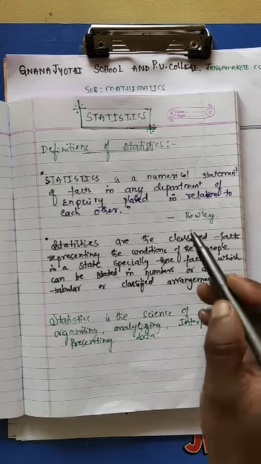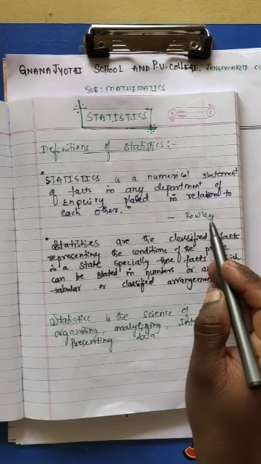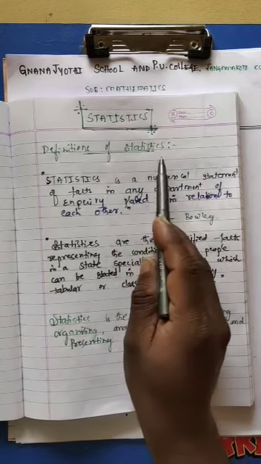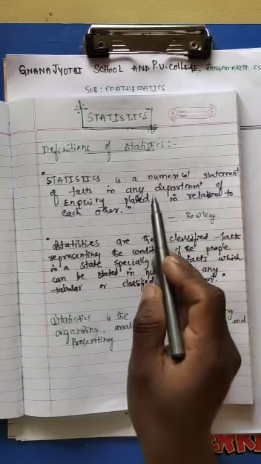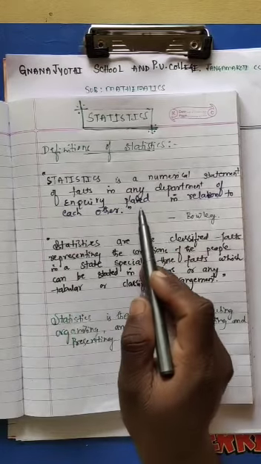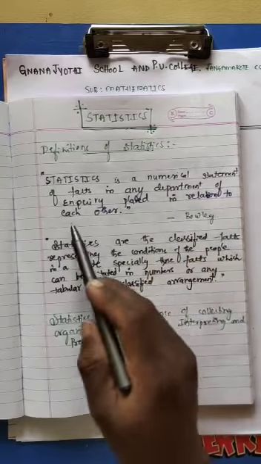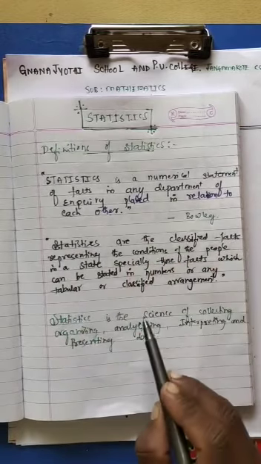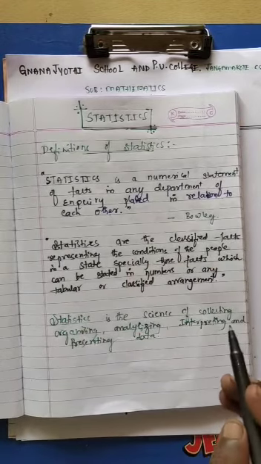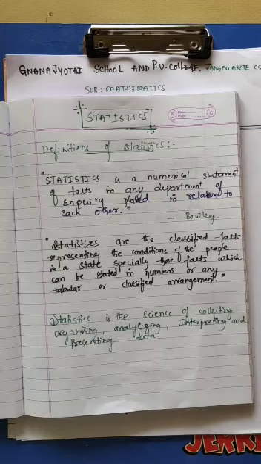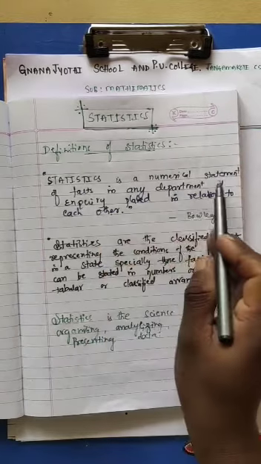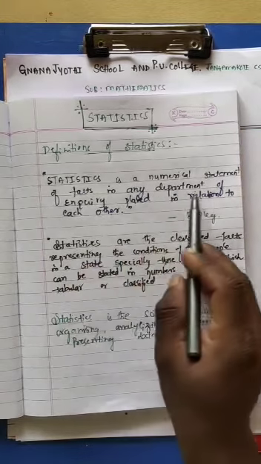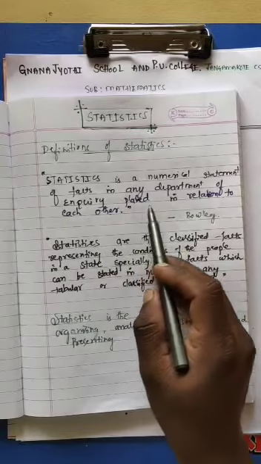Bowley states that the definition of statistics is a numerical statement of facts in any department of inquiry placed in relation to each other.